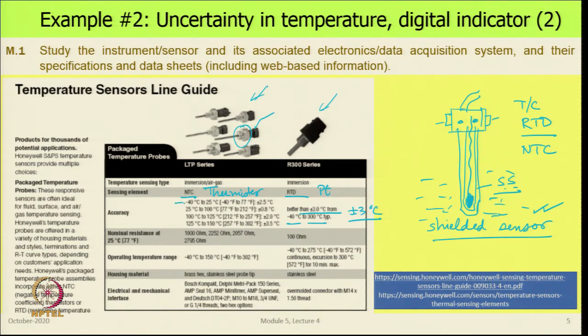It says minus 40 to plus 25, the accuracy is plus minus 2.5 degrees Celsius; minus 25 to 100, plus minus 0.8 degrees Celsius; 100 to 125, plus minus 2 degrees Celsius; and 120 to 150 degrees C, plus minus 3.5 degrees Celsius. So, this is an example where the accuracy is a function of the range of the measurand.